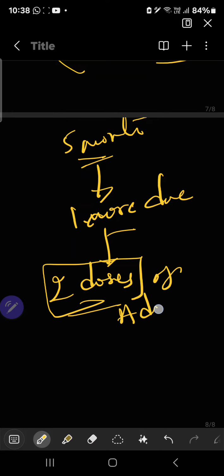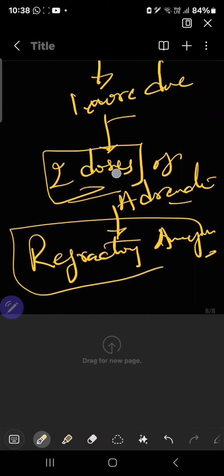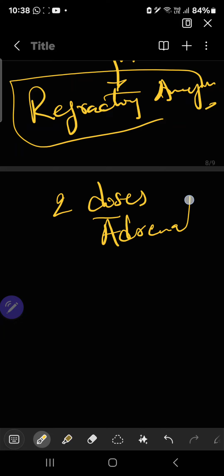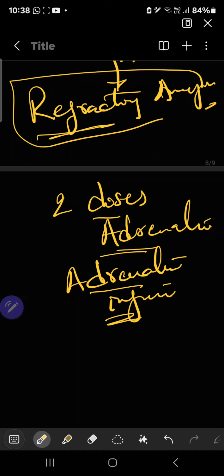of adrenaline, if the symptoms are not subsiding, then we call it refractory anaphylaxis. So what is refractory anaphylaxis? Despite giving two doses of adrenaline, the patient is still in anaphylactic shock. And then what do you do for refractory anaphylaxis? We have to start an adrenaline infusion. How to give the infusion?